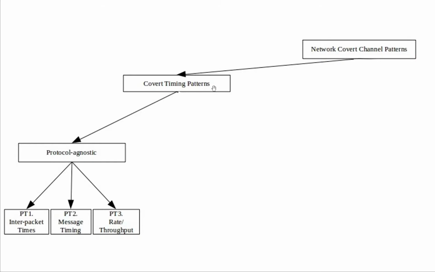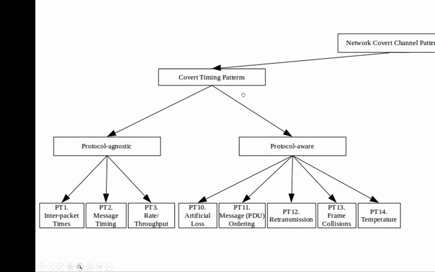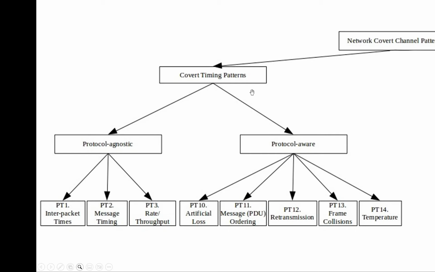And we can do a little bit more if we become protocol aware. So let's say if we know that TCP is used, then we can drop some packets, artificial loss, and signal with this, because we artificially and voluntarily drop it, knowing TCP will still recover it, but the drop will also be noticed.